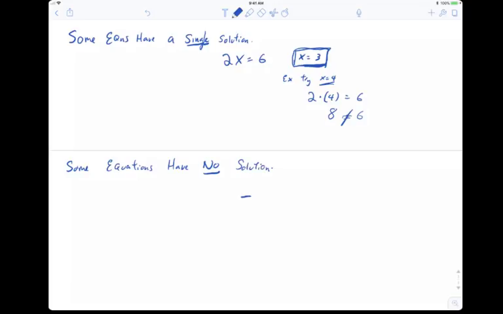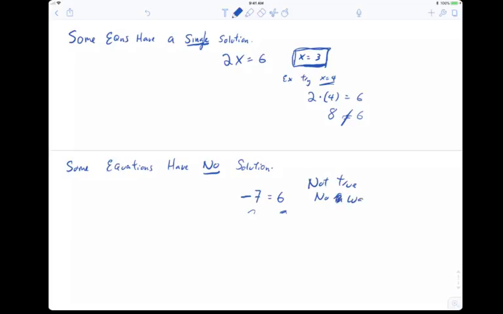So for instance, look at this equation. Minus 7 is equal to 6. There's no x in this equation. There's no variable. So no value of x will cause this to be true. We'll set the left-hand side equal to the right-hand side. This statement's just not true. There's no solution.